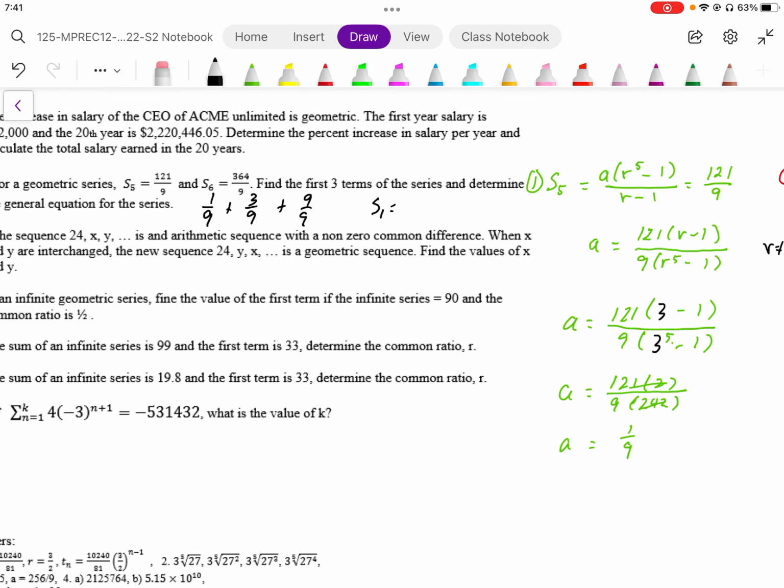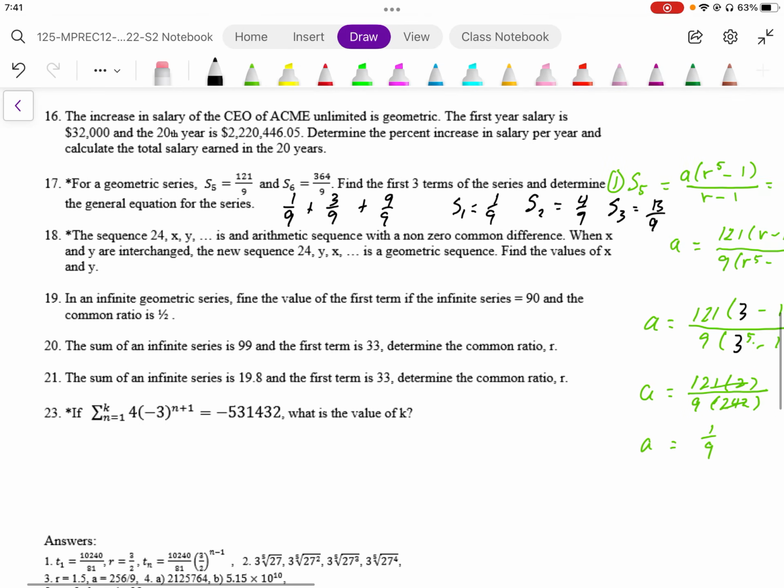Okay, so S1 equals 1/9, S2 is equal to 4 over 9, and S3 is equal to 13 over 9.